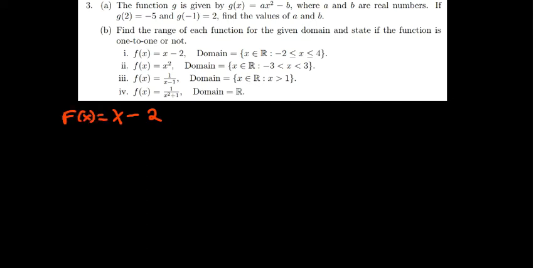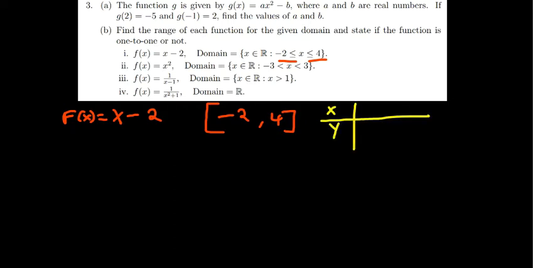So the domain has been given to be negative 2 all the way up to 4. Now they are included because it says less than or equal to, yes. So now, if you want to answer these questions very fast, you would want to come up with a table of values. Now, the kind of function we have is a linear function.